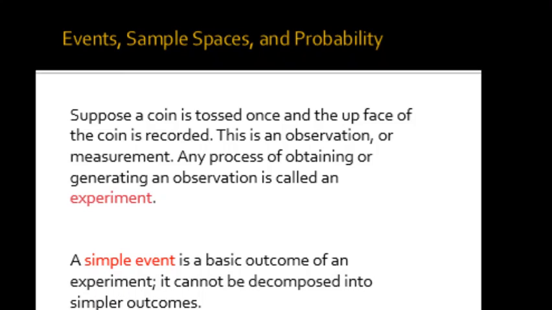The face up will be either heads or tails. That is a basic outcome of an experiment. A basic outcome is called a simple event, and it is an outcome which cannot be decomposed further. For the coin experiment, the outcomes are getting heads or getting tails.